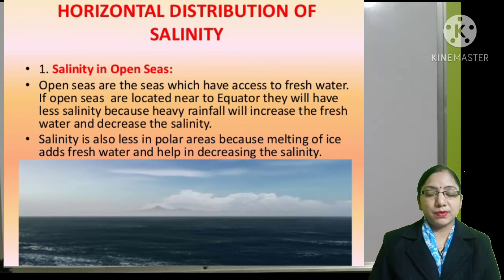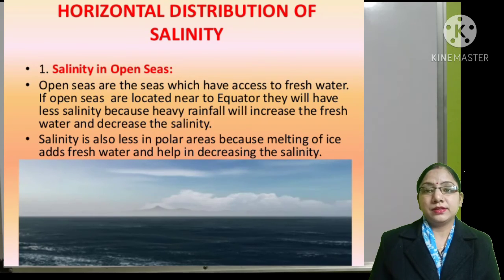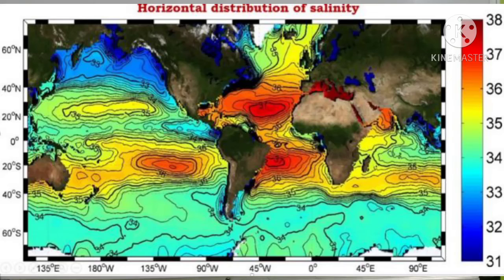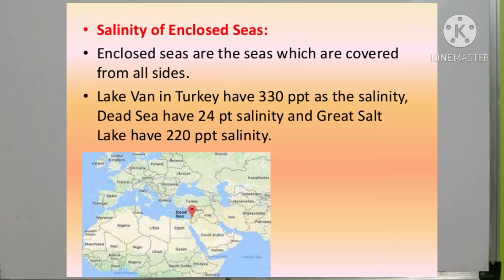So let's see with the help of a map what the horizontal and vertical salinity are. First of all, we will go through the horizontal distribution of salinity. The salinity for normal open ocean seawater ranges between 33 and 37 parts per thousand. In the landlocked Red Sea, it is as high as 91, while in estuaries and the Arctic it fluctuates from 0 to 35, and in hot and dry regions it is up to 70.